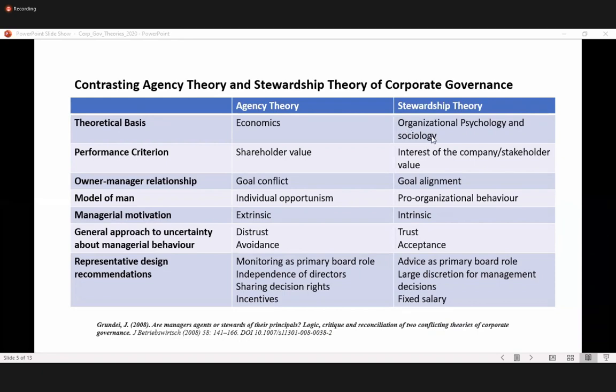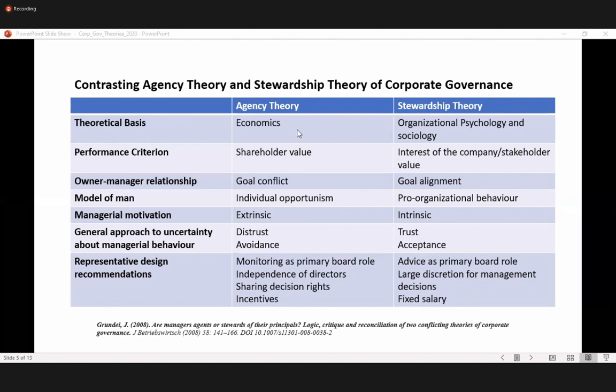So it follows more on the relationship between management and the employees, because that agency scenario can be in any situation where someone acts on behalf of another, or acts as an agent or a representative of another.